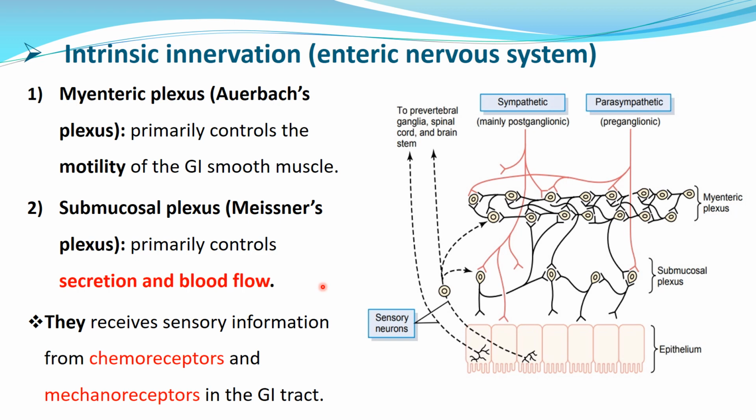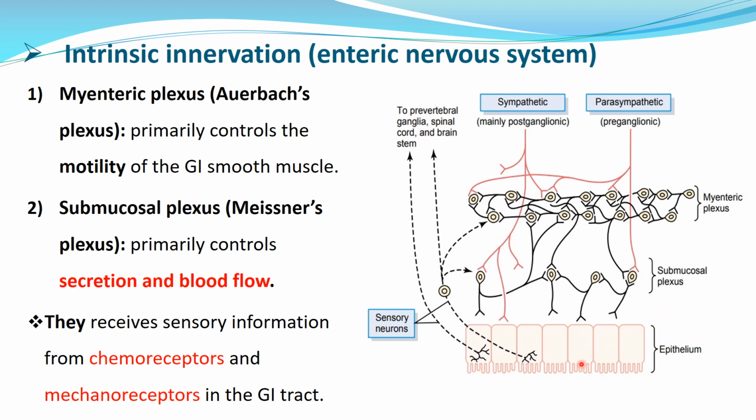As you know, when you have a diet, you are doing an active digestion process, so you need to have a higher blood supply. So the circulatory system or the blood supply can be increased or reduced through the submucosal plexus.